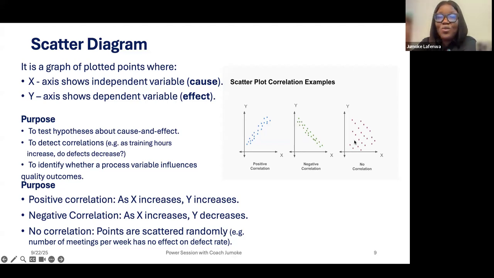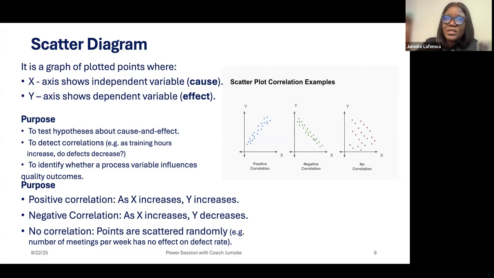If you look at this one, no correlation at all. You can't tell the pattern that when y increases, x increases, or when x increases, y increases or decreases, as it were. So this is how scatter diagram looks like, and you should understand.